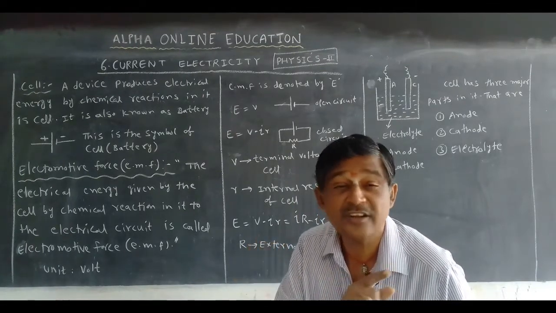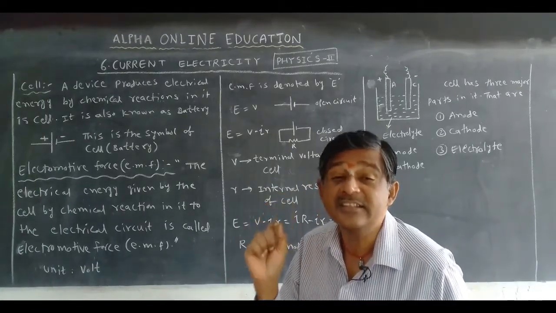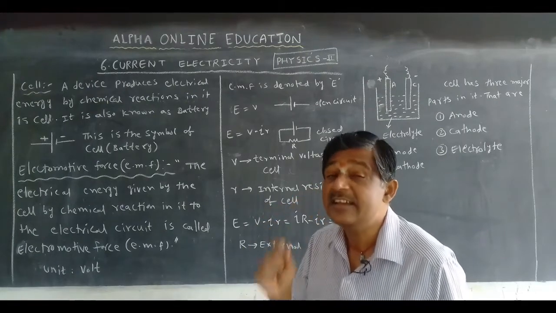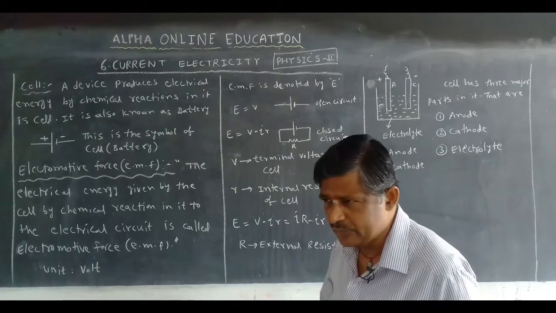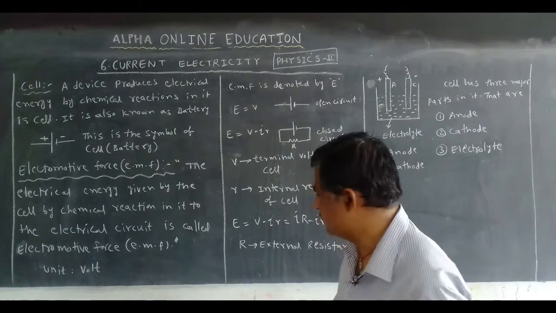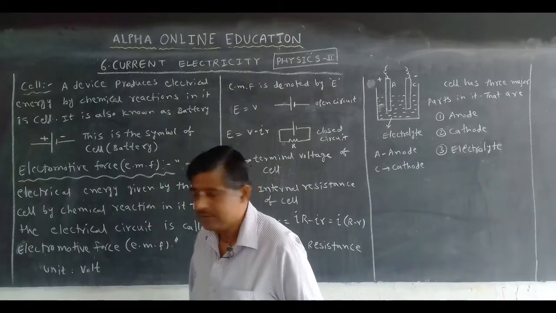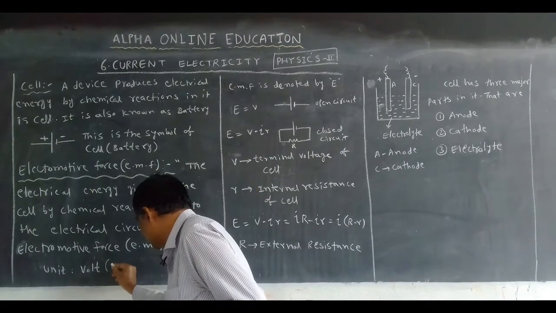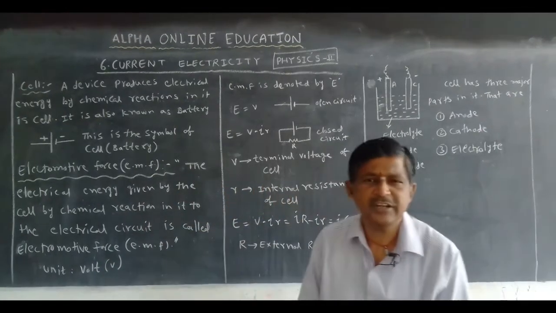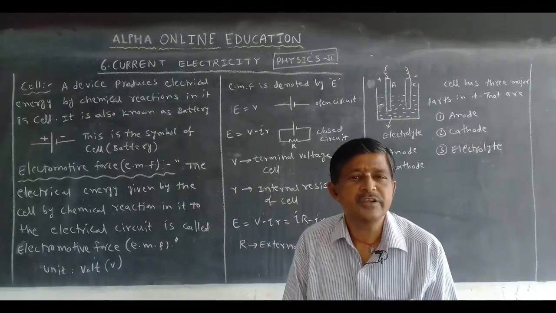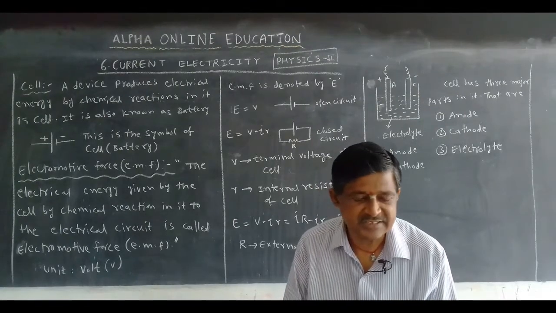It is an energy. So what is the unit for electromotive force, or the unit for EMF? The EMF unit is volt. Shortcut in the bracket I am writing V. We can say that as shortcut V.